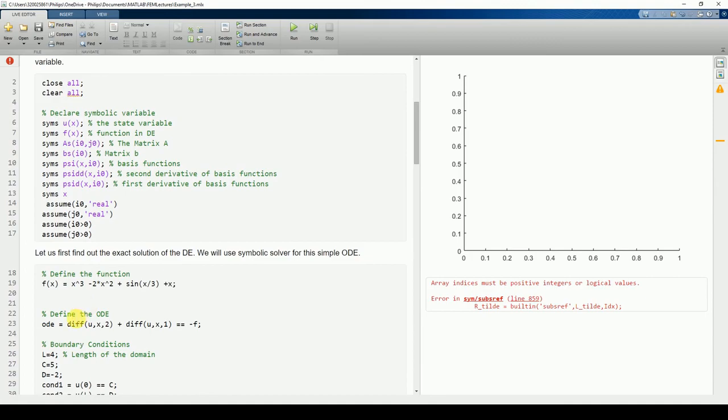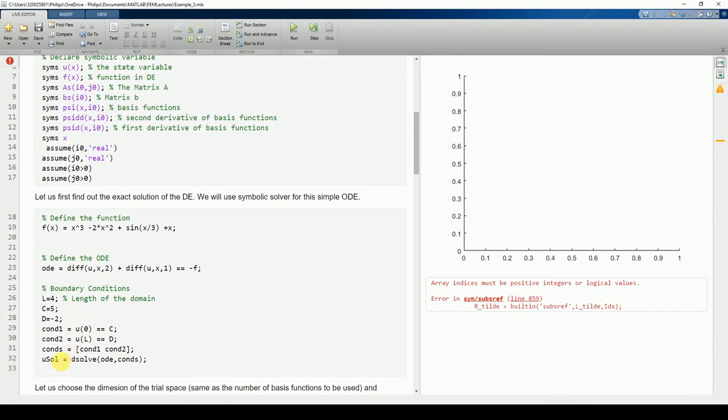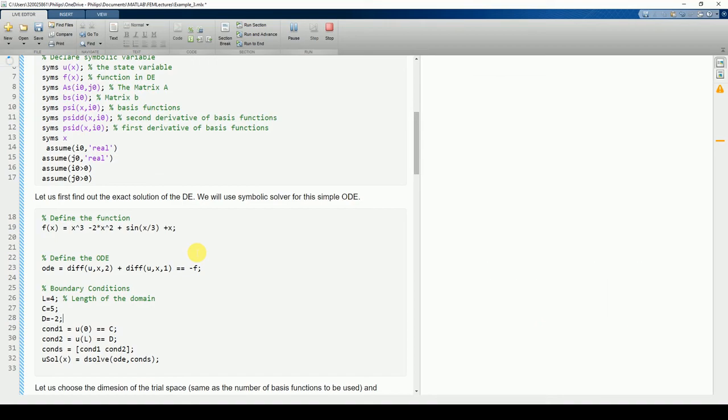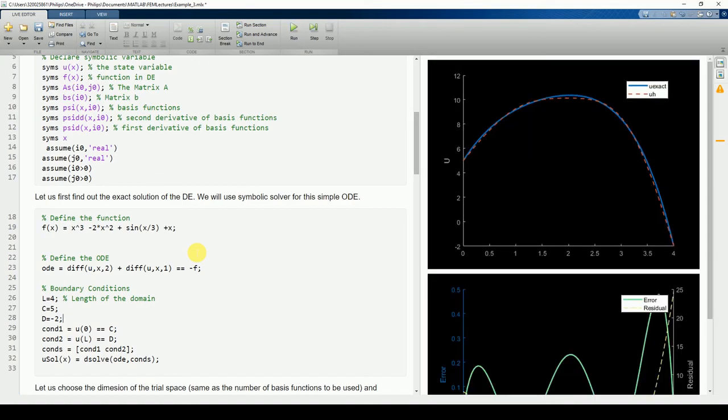Okay, I think the problem is we have not defined it as a function of x. That is why. Yeah, now it solves.